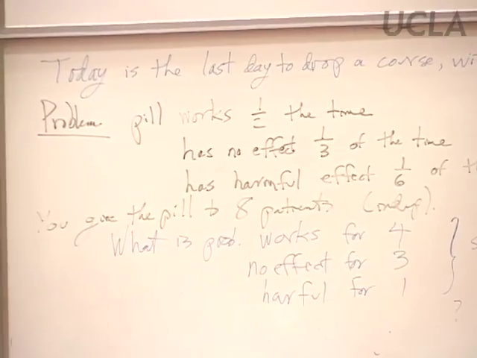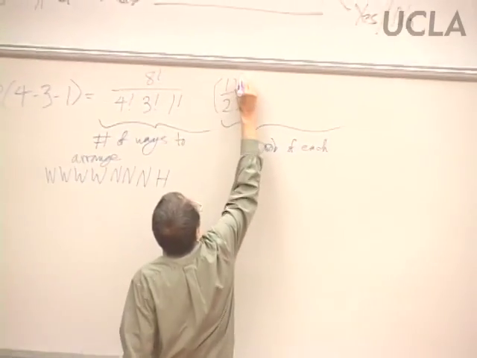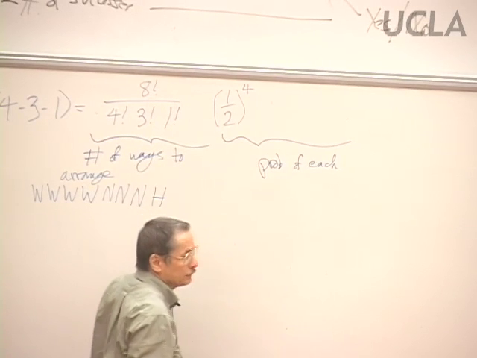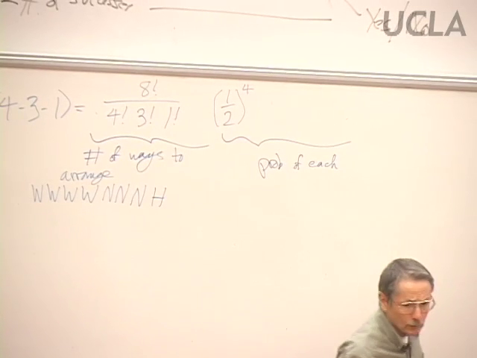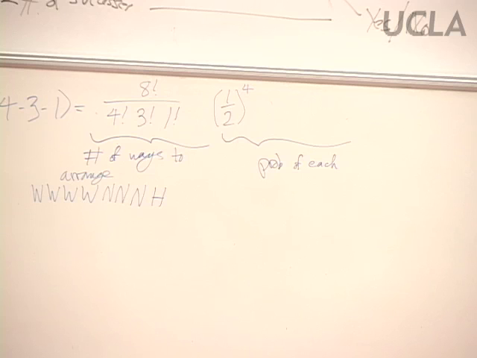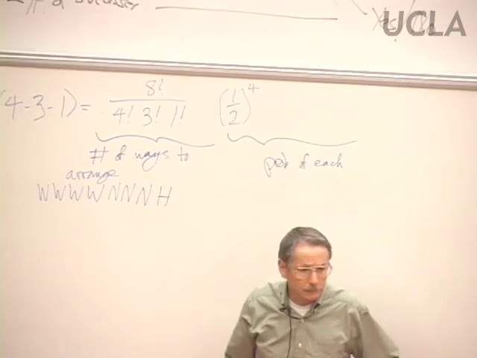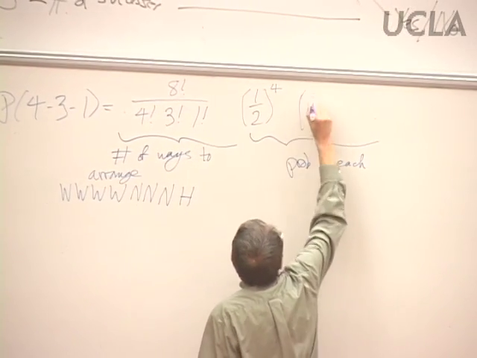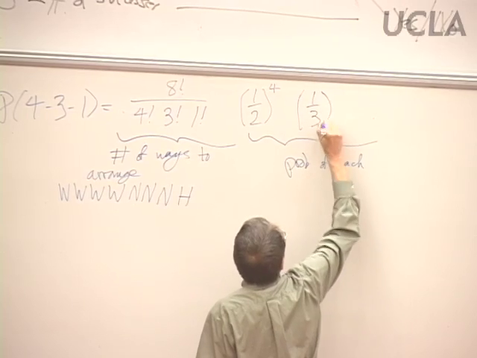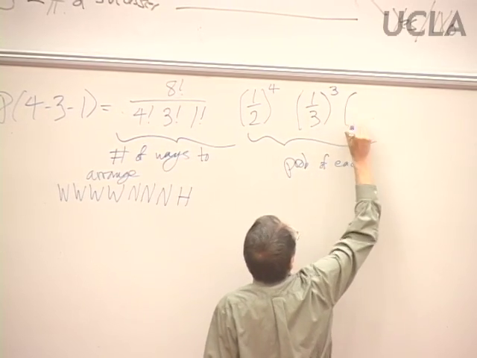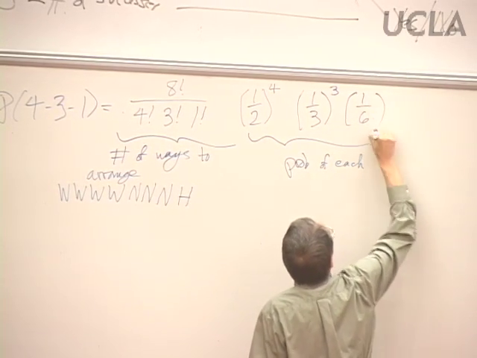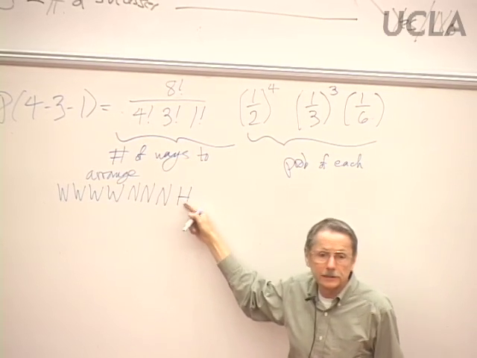So to get these 4 successes here, a half times a half times a half times a half. 4 of them. And we just multiply them because the patients are independent. For the 3 no effects, that's 1/3 times 1/3 times 1/3, times 1/6 to the 1.